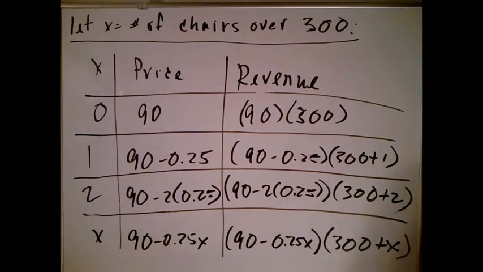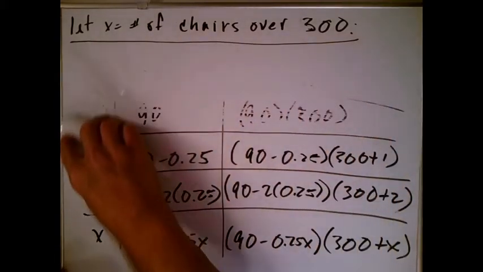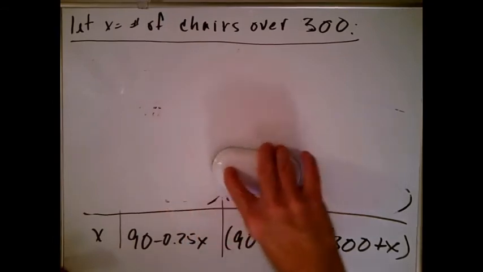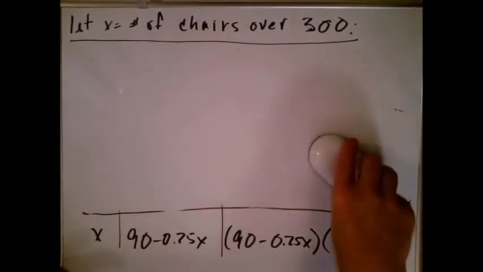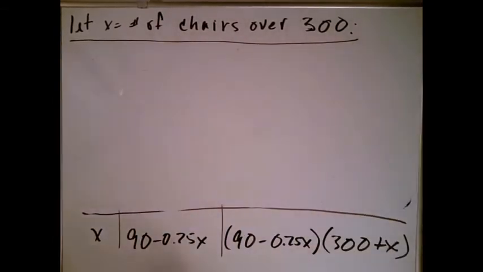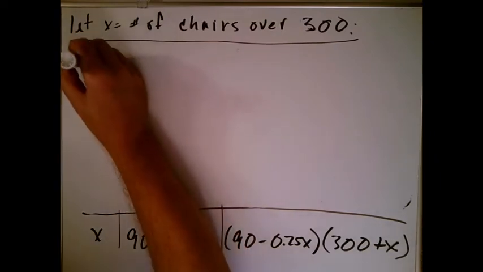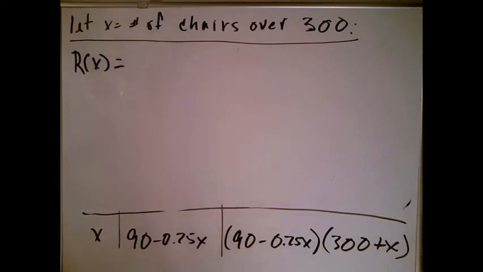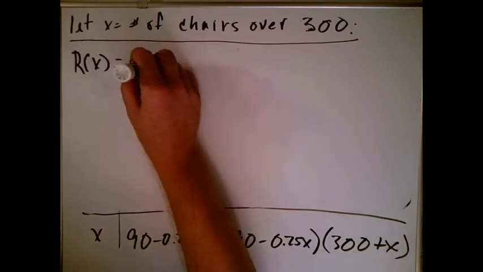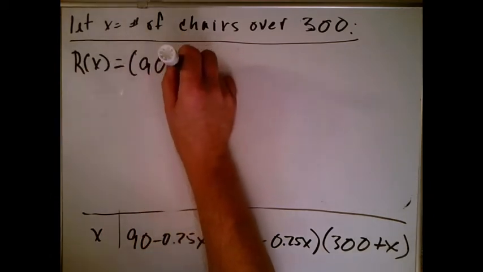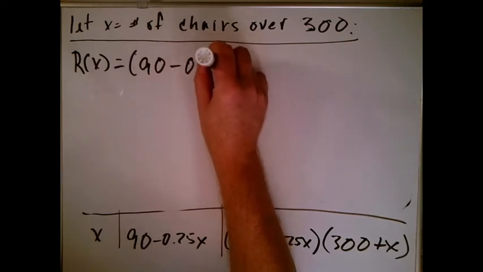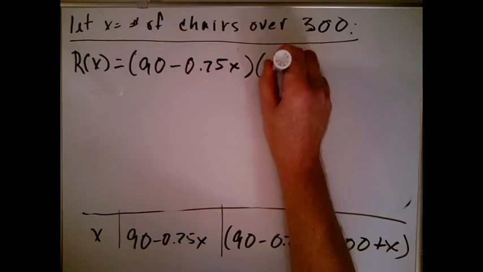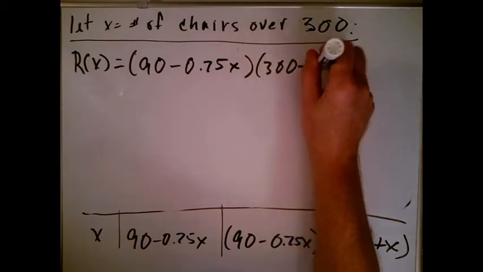So what I'm going to do up here is I'm just going to erase this much. I'm going to push my formula up to the top and worry about what we can do. So I'm going to write down that the revenue, as what we have in the bottom, is 90 minus 0.25x, like that, times the number of chairs, which is 300 plus x.